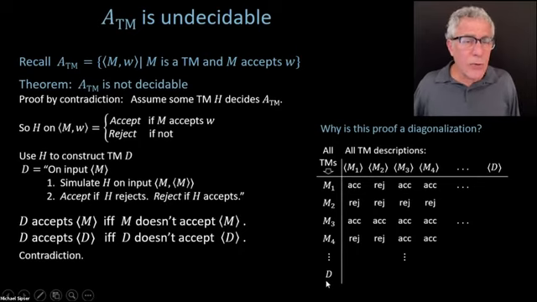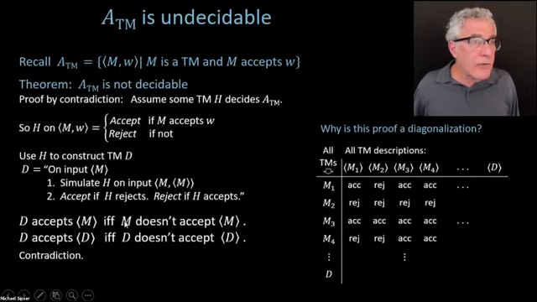Now I want to look and see, what does D do? Based on the information I've already given you, we can understand what D does. For example, what does D do when I feed it the description of M1? Well, we can look over here.